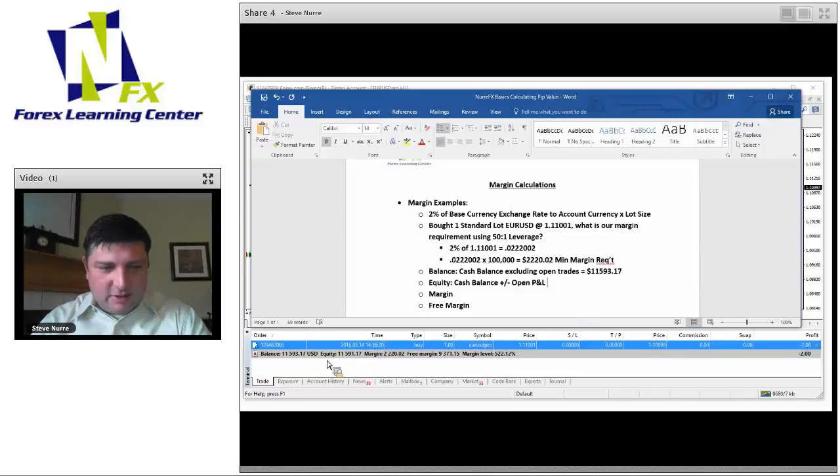So you can see that the balance number is not changing, but that equity number is. Because it's taking that cash balance and subtracting our total profit and loss from that number. So if we're down, let's say $25, we're at $11,561.